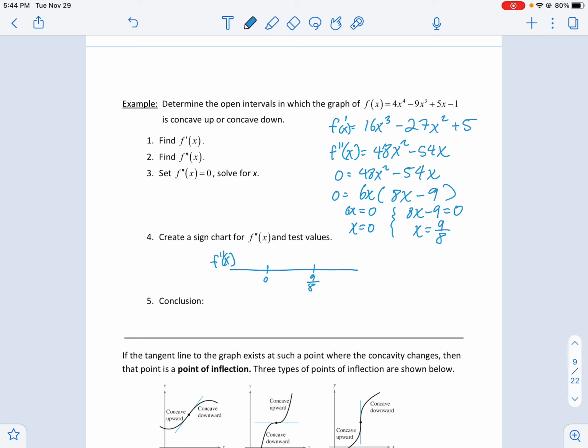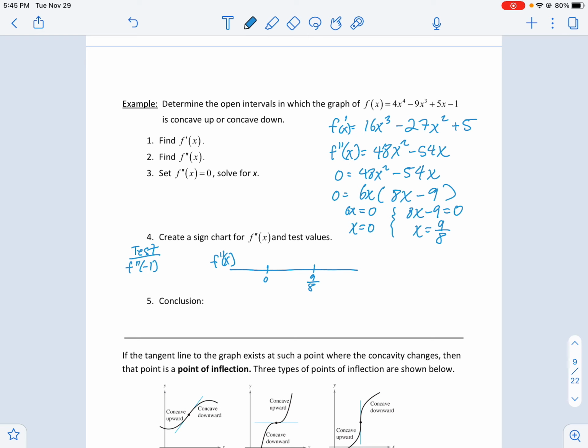So at this point, we want to figure out what is happening between these points. We want to see if it's a positive or negative second derivative to determine the concavity of the original function. So what we can test in each of these is going to be a little bit different. We're going to test 3 different values. For the first interval here, we're going to test something less than 0. So we're just going to test -1. So f double prime of -1.